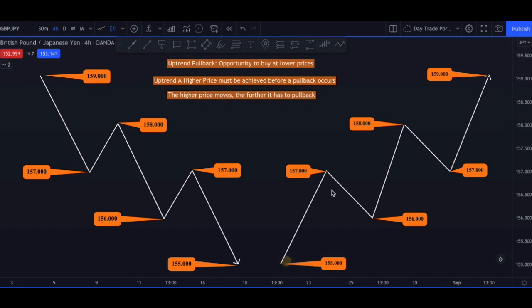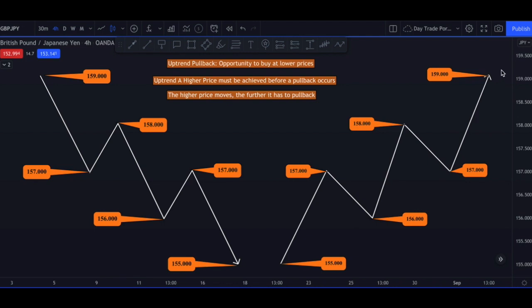Remember, 155, 157, 156, 158. They're buying it, what we would say, in $1 increments, but 1 yen increments higher. But every time price decreases, they're going to buy it. And even though they're buying it $1 higher, we're buying it $1 cheaper. So price can increase up so we can make a profit.